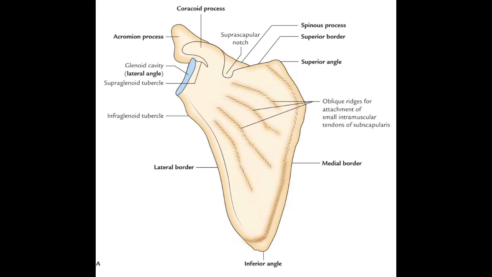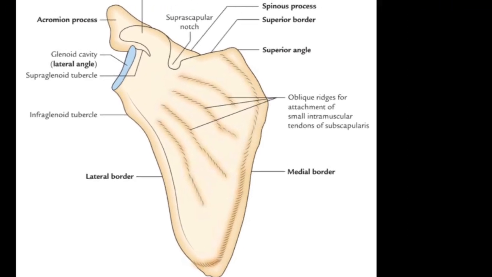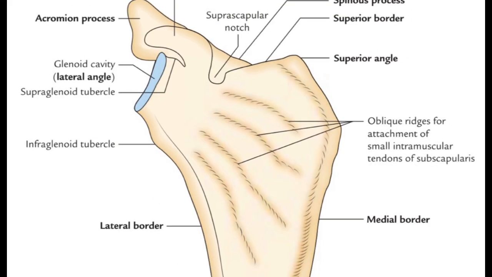Now, looking at the surface under the body, how can you know which is the anterior part and which is the posterior part of the scapula? The anterior part has a depression, and that depression is called the subscapular fossa. You are seeing it on your screen.